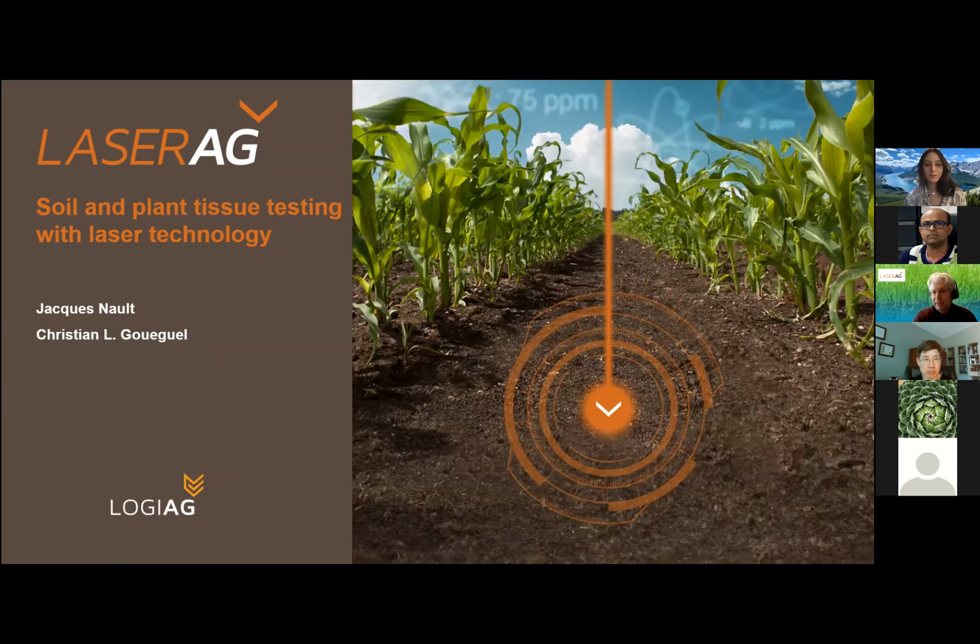Okay, so what we're going to share with you today is laser ag, an adaptation of the laser-induced breakdown spectroscopy that my company and my team developed over the last 10 years with some collaboration. I will talk about this in a minute.